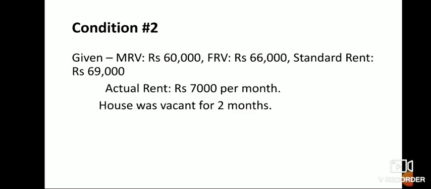This is an example. Here, same problem, I've added just another condition in which the house was vacant for 2 months. Step 1, we find ERV, same as the previous question, which we got 66,000. Step 2, we find the ARV, again same as the previous question.